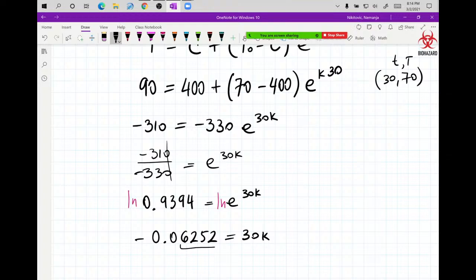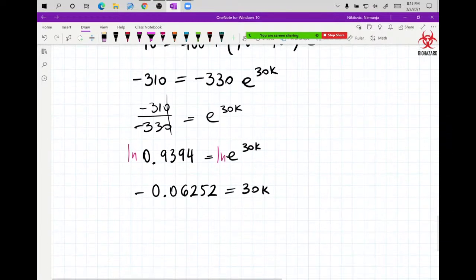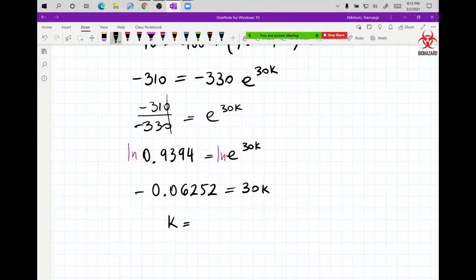Guys, note that I have 4 digits, which we call significant digits. I did not say 4 decimal places, I said 4 significant digits. The zeros in front are not significant and don't count. So 4 non-zero digits after whatever amount of zeros you have in front. And now all I need to do to calculate my k is to divide this number by 30 and again keep 4 significant digits. Negative 0.00, those are not significant, and then we have 2084.